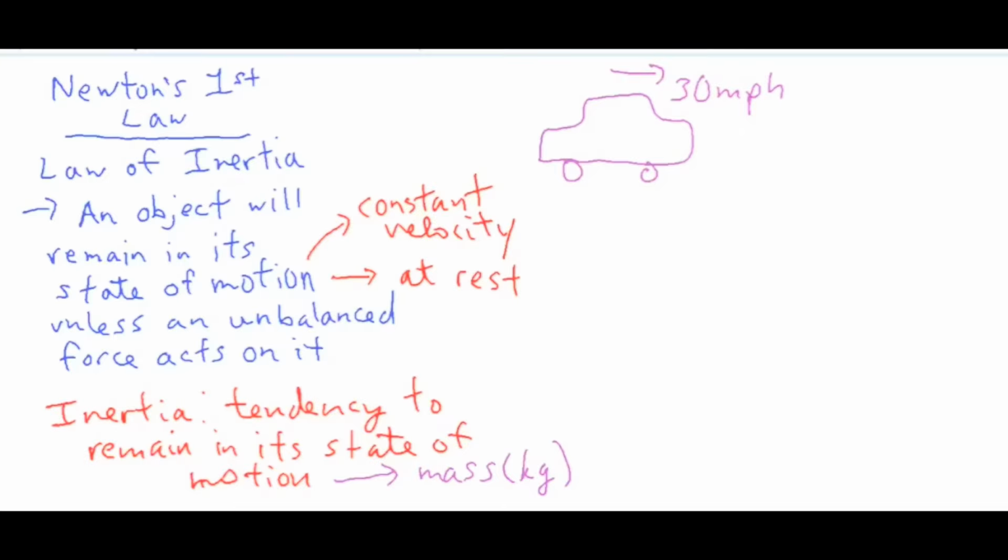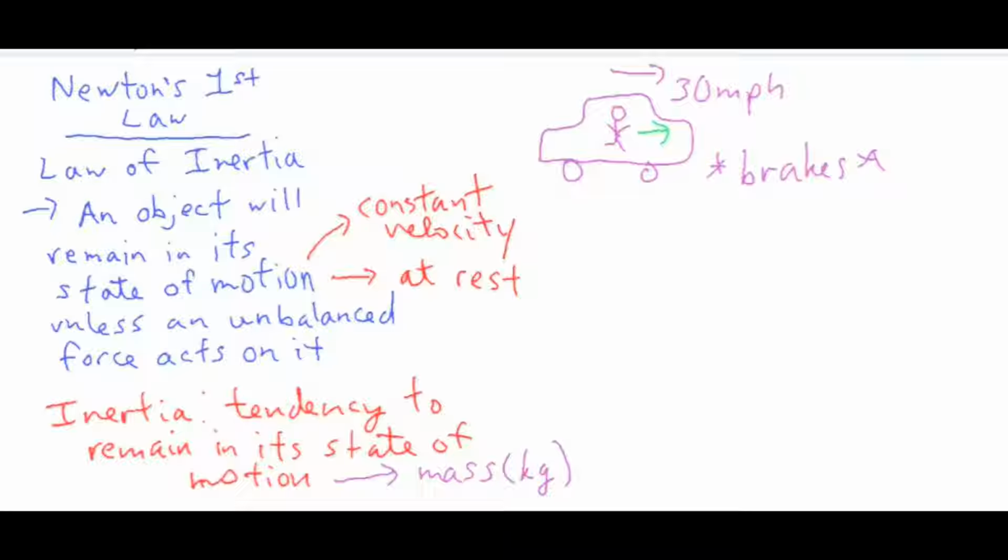And if the car is going forward at 30 miles per hour, that means it and everything in it is moving about 30 miles per hour, assuming that everything is at rest relative to the interior of the car. Now, what happens is if the car brakes abruptly, then the person is going to feel like a force is pushing them forward to the front of the car.